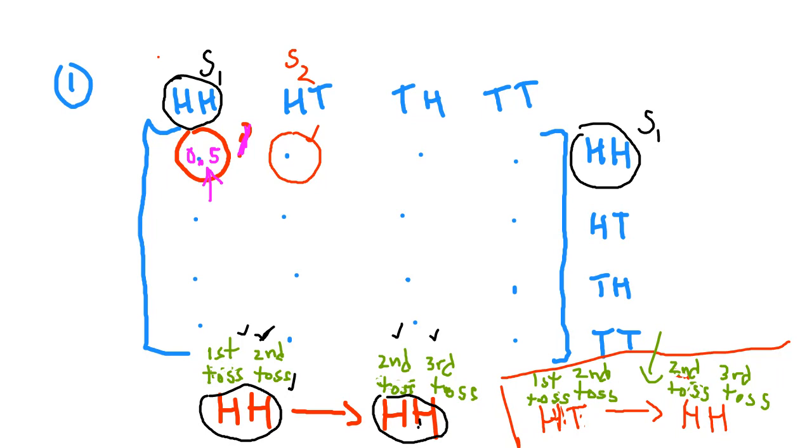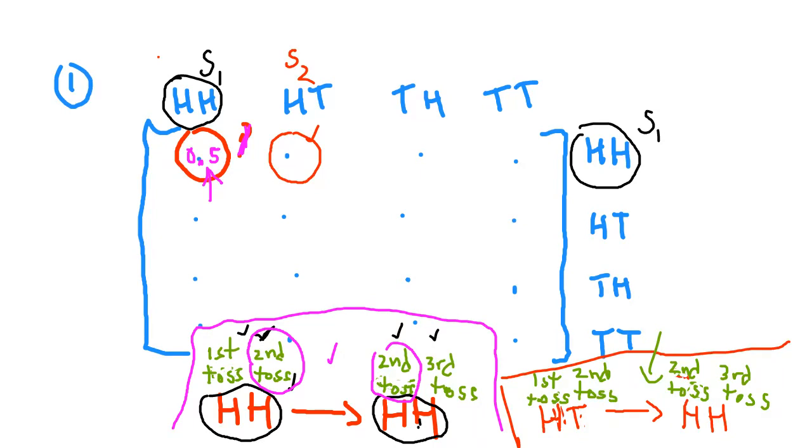For the transition to happen, notice for the first scenario here, you can go from HH to HH because the first and second tosses are the same.